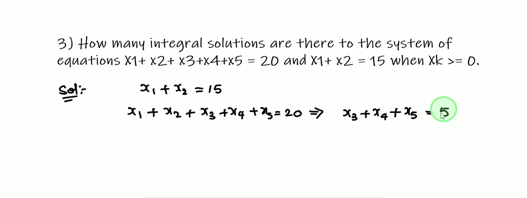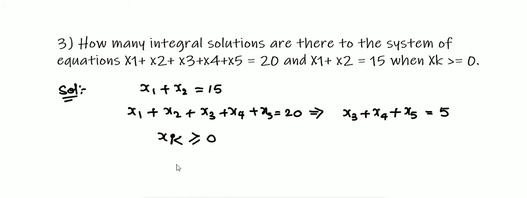So observe, in both the cases, all xk are greater than or equal to 0, so in both the cases it is non-negative integral solutions. For the simultaneous equations, the solution of this system is nothing but the product of the solutions of the first equation x1 plus x2 is equal to 15 and the second equation x3 plus x4 plus x5 is equal to 5.